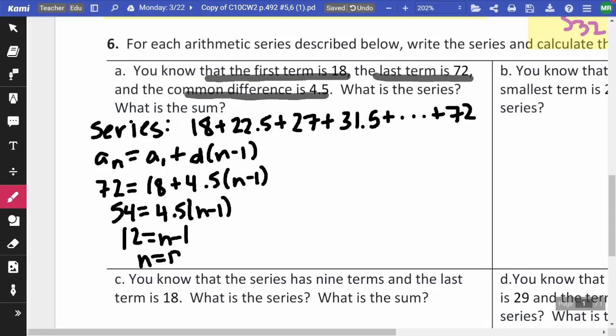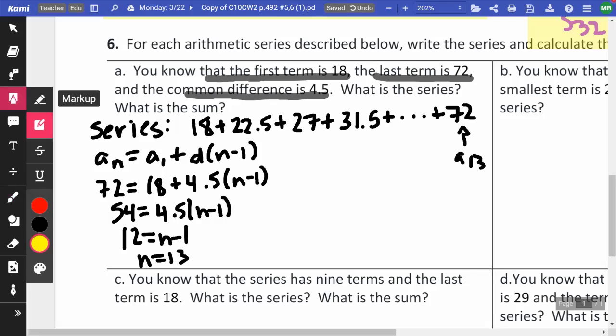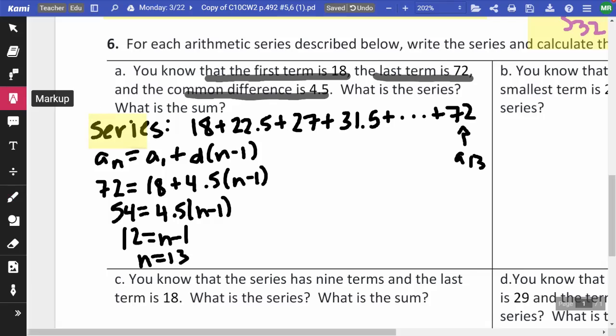So my n is going to be 13. So what that means is this term is a sub 13. It's the 13th term.